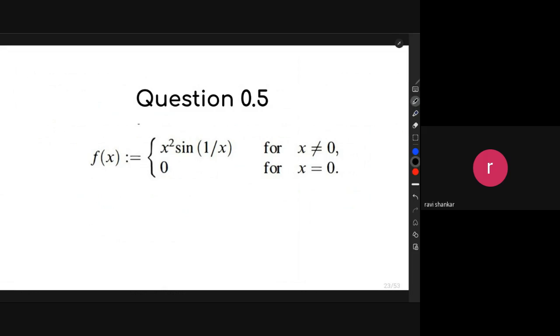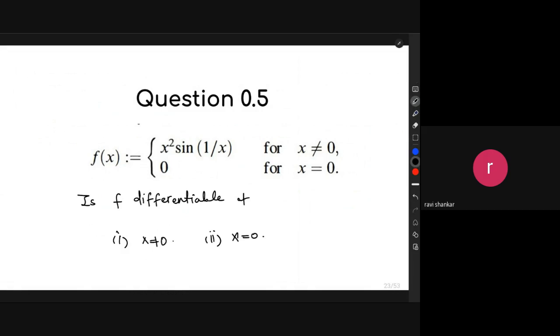So the question is, is f differentiable at first of all when x is not equal to 0, and second at x equal to 0. So we will break it into two cases.